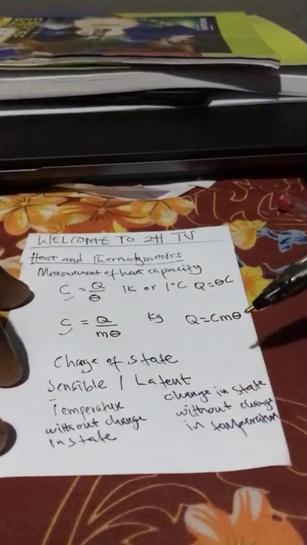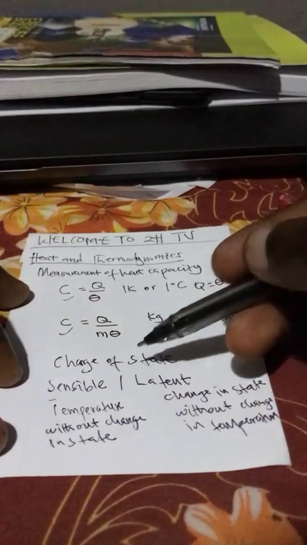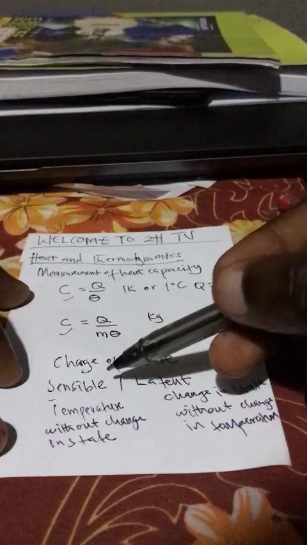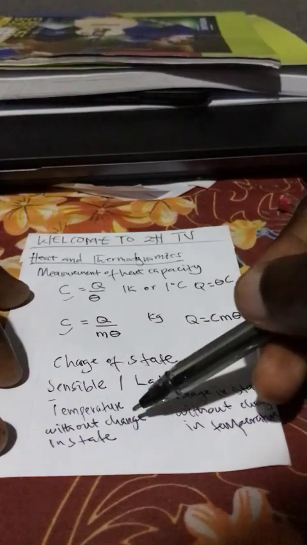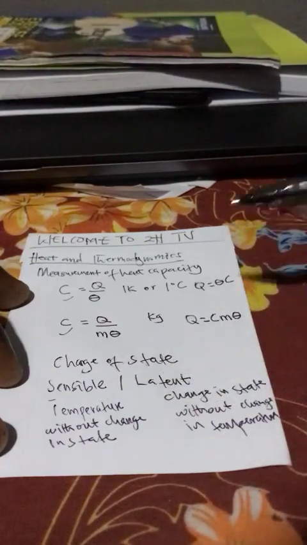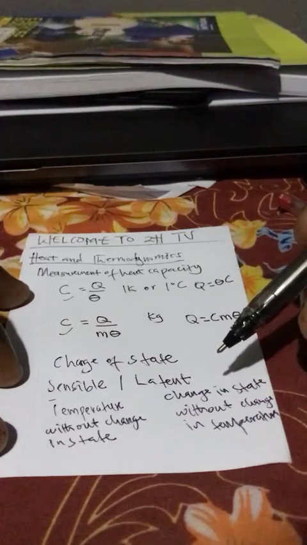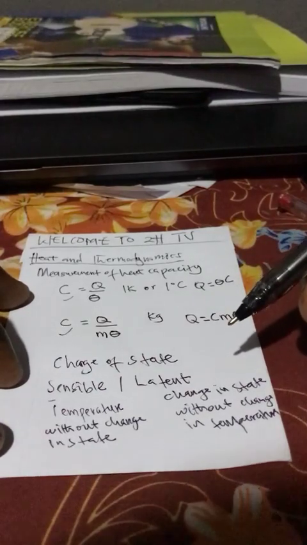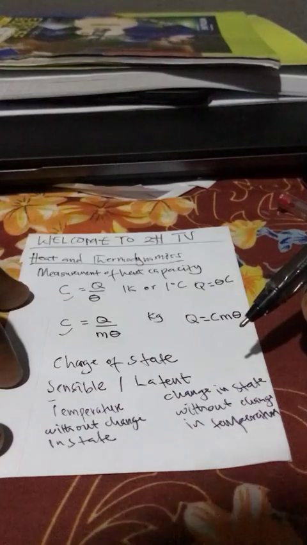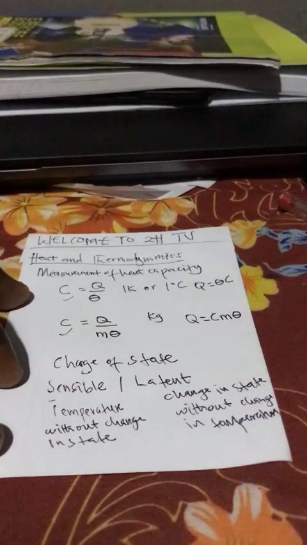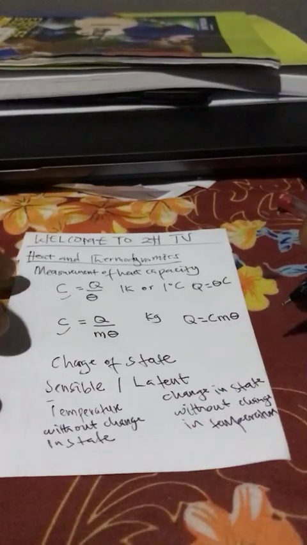So take notes of all this. The clear difference between sensible and latent heat is that for sensible heat, there is change in temperature without change in state, whilst for latent heat, there is change in state without change in temperature. Take note of these terms. We'll be using them while we try to calculate, as I mentioned earlier.